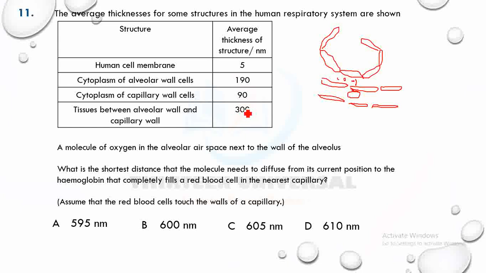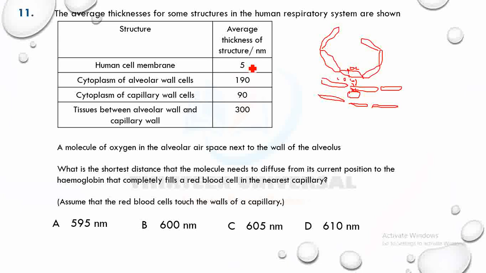So a molecule of oxygen in the alveolar space next to the wall is going to diffuse. We want to know the distance it crosses. It's going to pass through this membrane, then this one, then another, and another: 5 membranes.